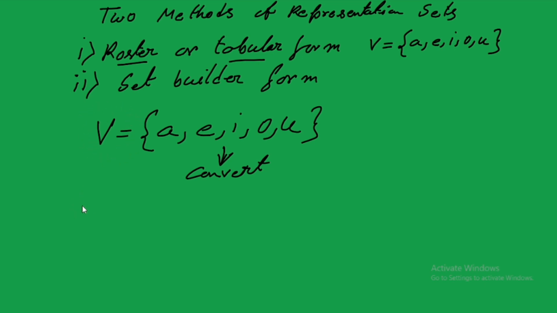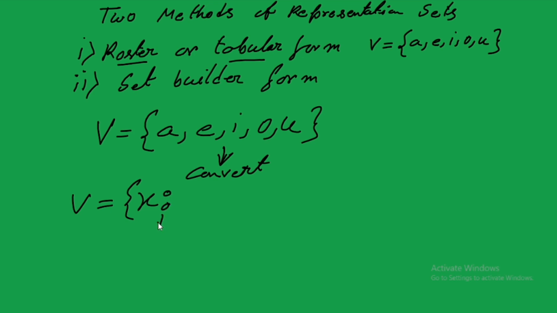So simply write V is equal to, start the curly braces, and as in our previous chapter, here we write small x, and then a colon.